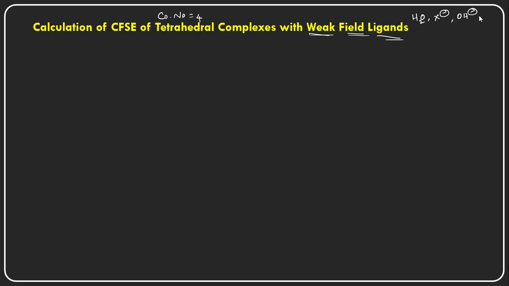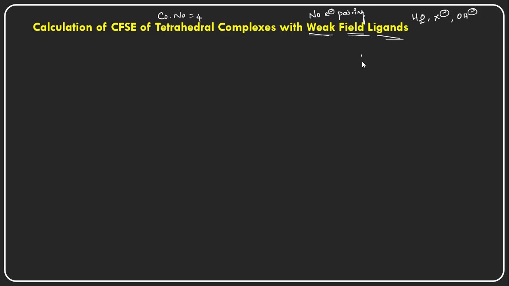And for the weak field ligands, no electron pairing takes place in the lower energy level, right? So the third electron will enter into the higher energy level only.